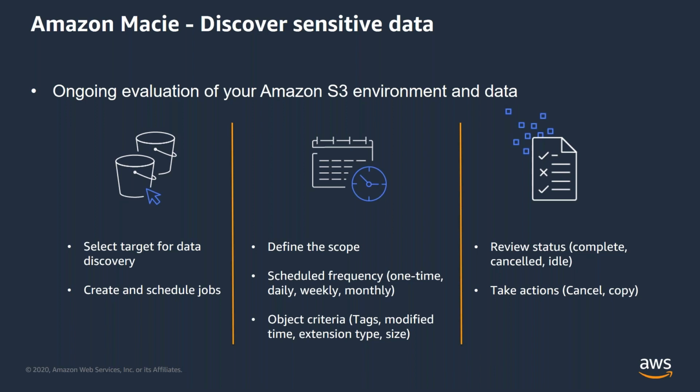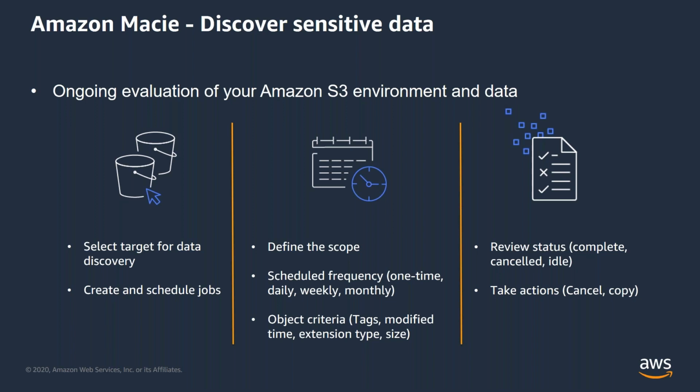The second big theme is around discovering sensitive data. Macie allows customers to have an ongoing evaluation of their Amazon S3 environment and data. Once customers highlight and enumerate all the data sets and the buckets and the inventory, they can then go and select the target sources where they would like Macie to perform data inspection.